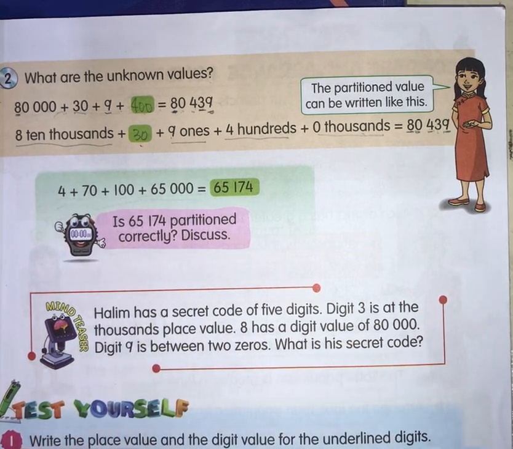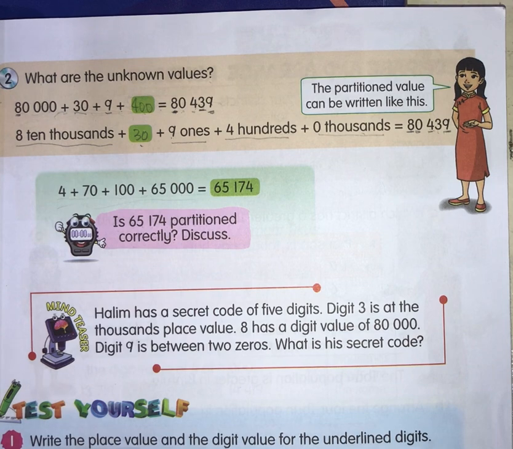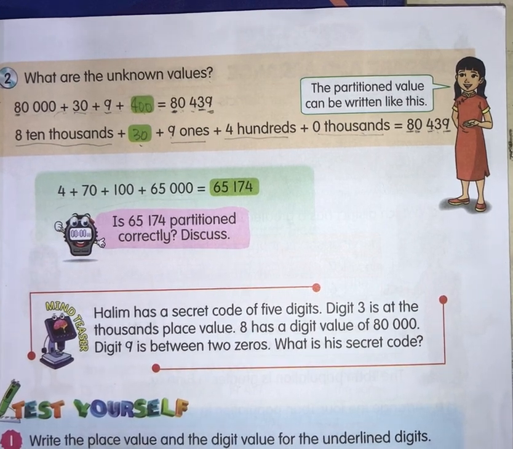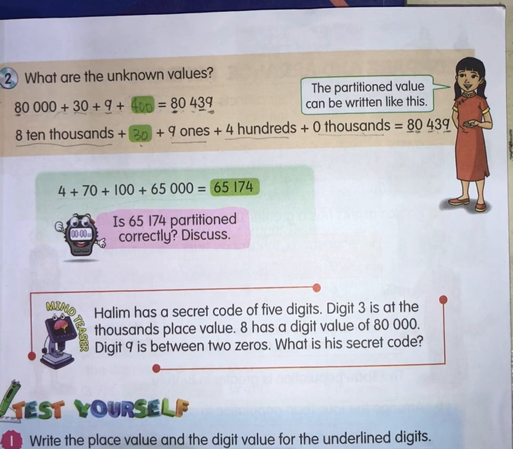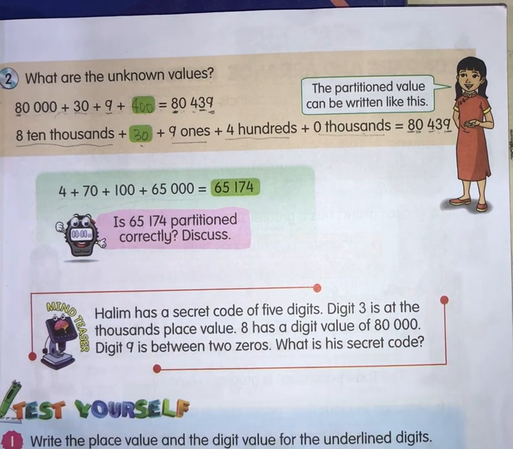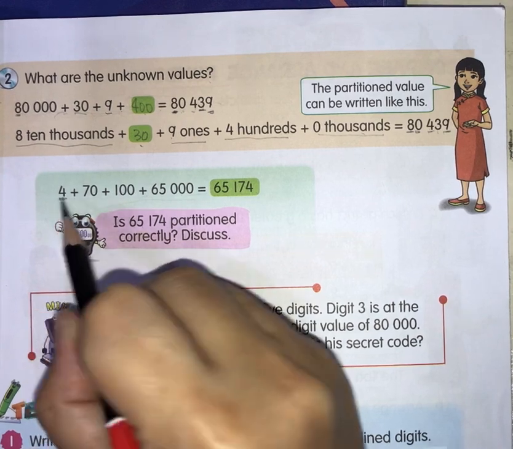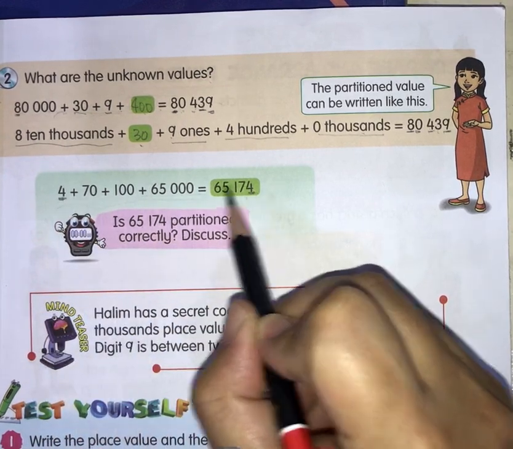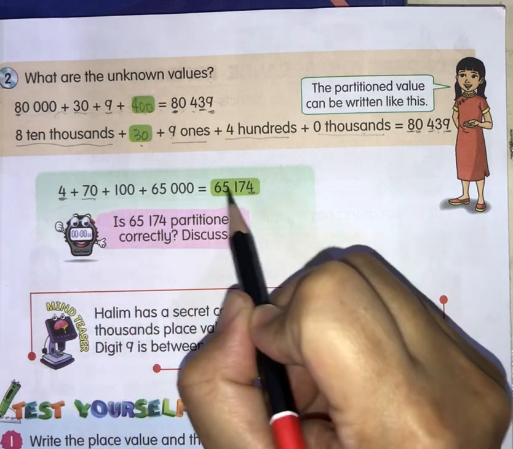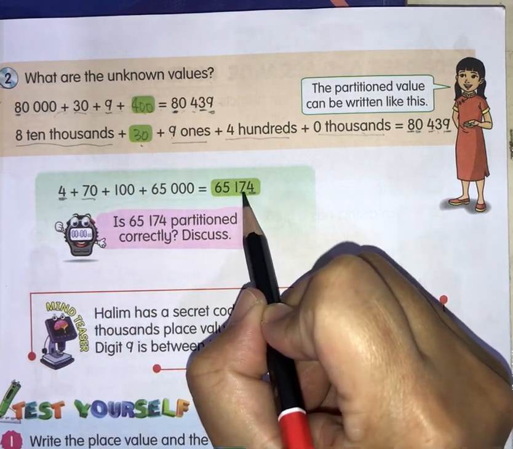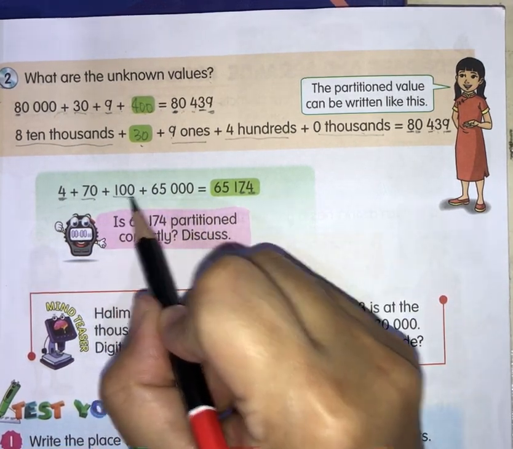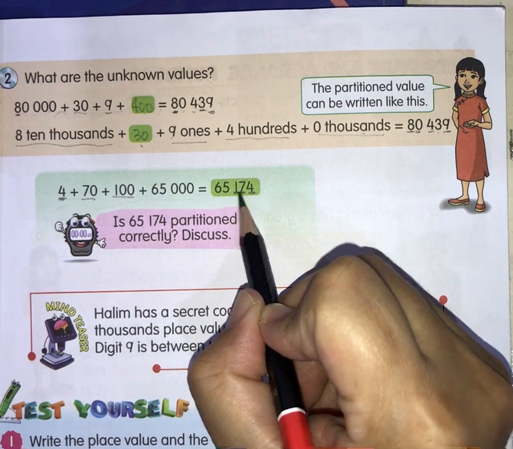What do you think? Can or not? Can? Are you sure can? Let us see. 4. Do you have 4 ones? Yes. 70. Do you have 70? Yes. 100. Do you have 100? Yes.